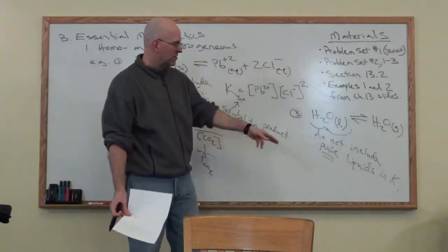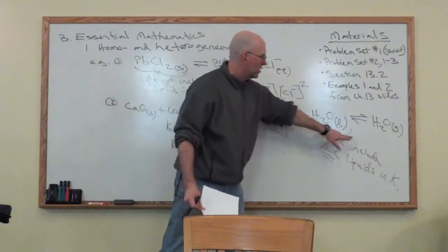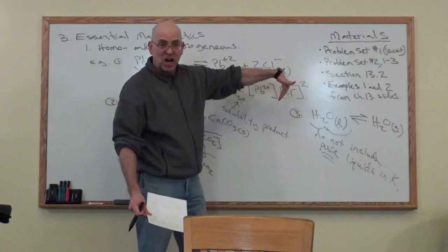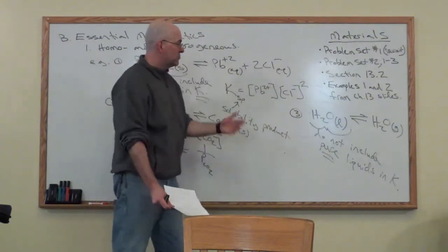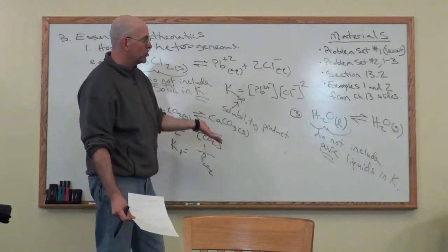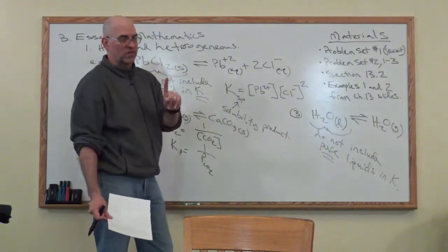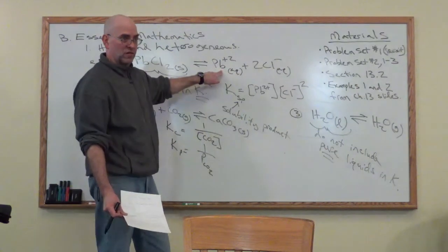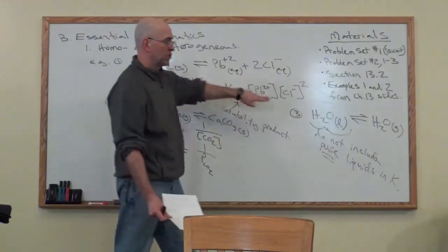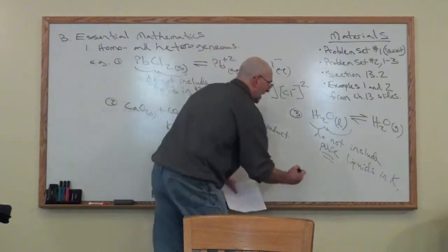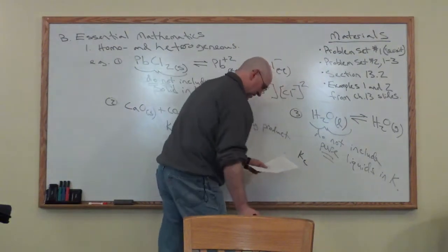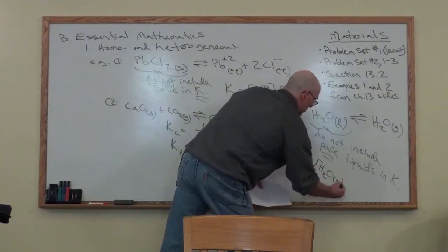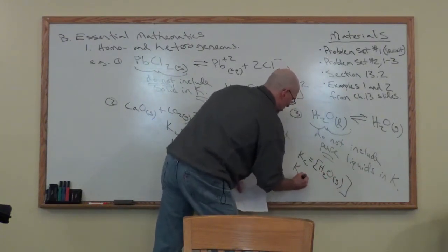Heterogeneous just means different phases. So you have liquid water in equilibrium with gaseous water. So this would be vaporization and condensation, that equilibrium there. So do not include those when you write the K expression. Pure liquids. Pure liquids are different from aqueous solutions, which are not pure. So pure liquids do not get included. So your K here is going to be kind of weird looking. It's just a concentration of gaseous water.